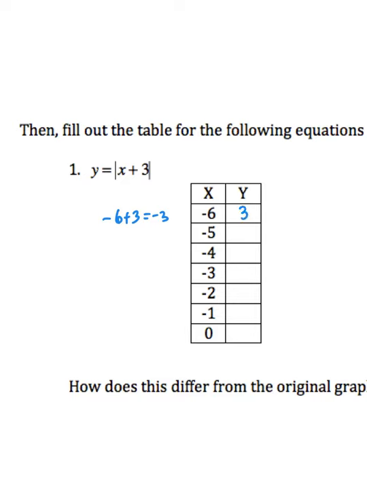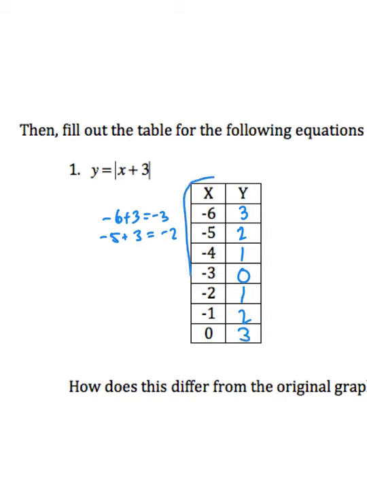And then right below that, we would do negative 5 plus 3, which is negative 2. Absolute value of that is 2. Negative 4 plus 3 is negative 1. Absolute value is 1. Negative 3 plus 3 is 0. Absolute value of that is 0. Negative 2 plus 3 is 1. Negative 1 plus 3 is 2. And 0 plus 3 is 3.